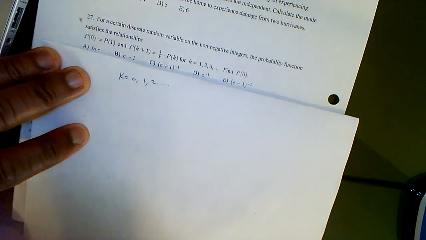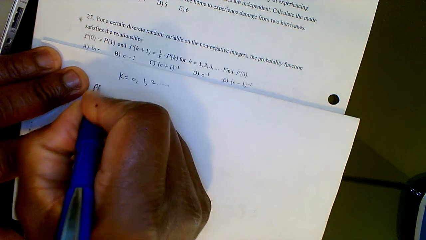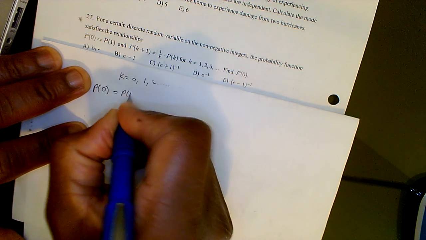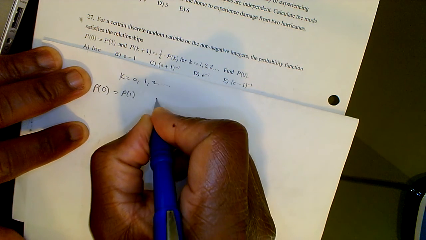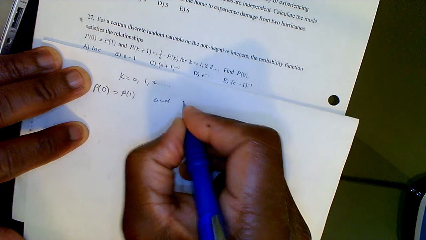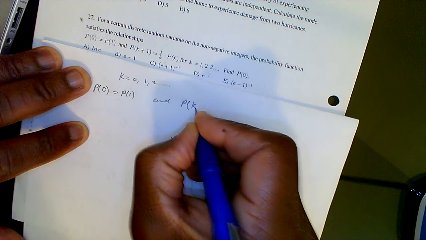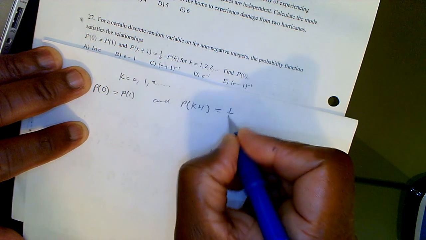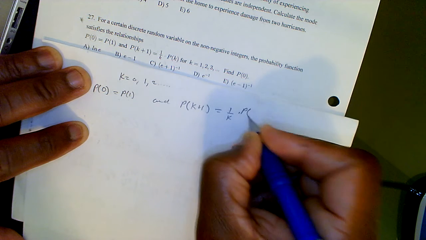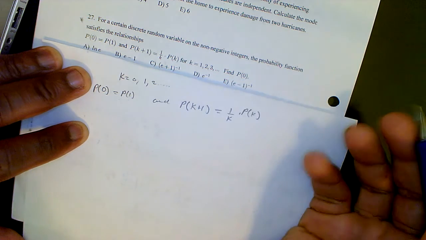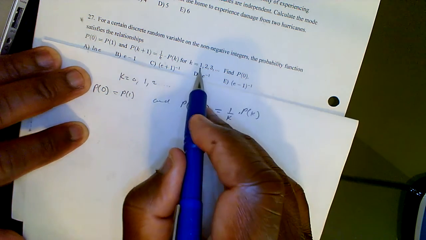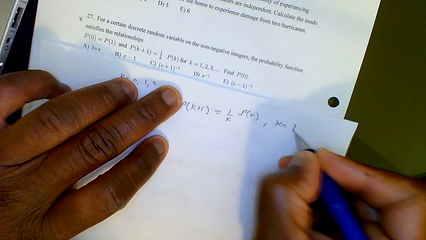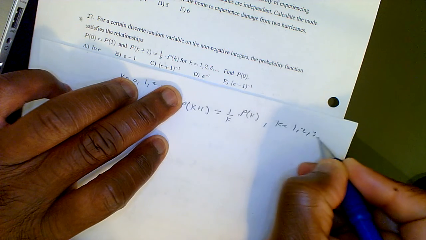First of all, they said the probability of 0 is equal to the probability of 1. And the probability of k plus 1 is equal to 1 over k times the probability of k, for k equal to 1, 2, 3, and so on.